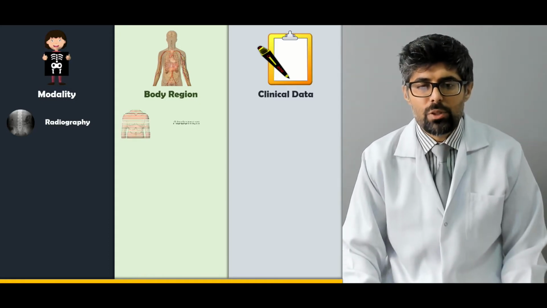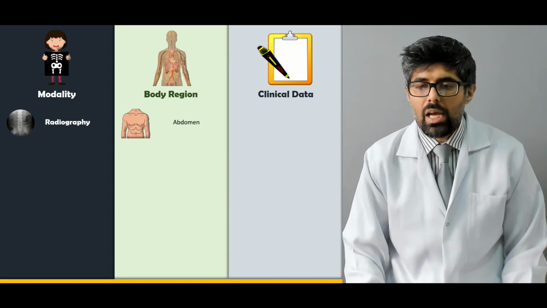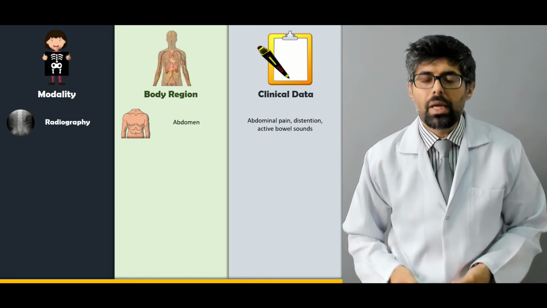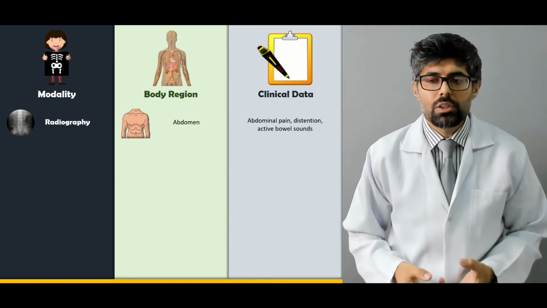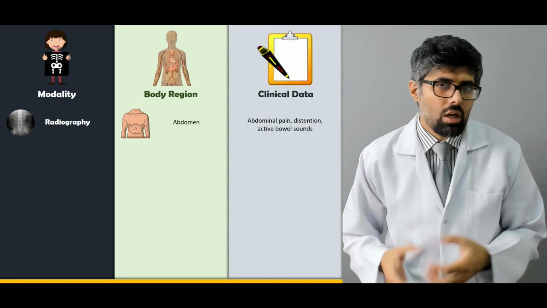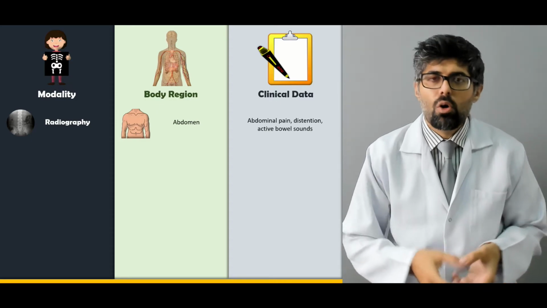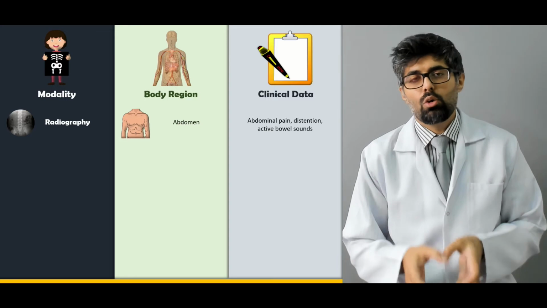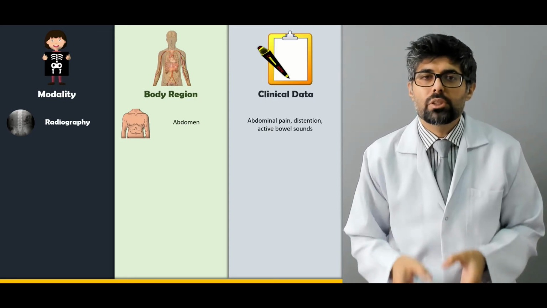If we use this on the abdomen and we have clinical data that there is some kind of abdominal pain, there is some distension, and bowel sounds are either active or absent, we perform this modality in order to rule out any obstruction.